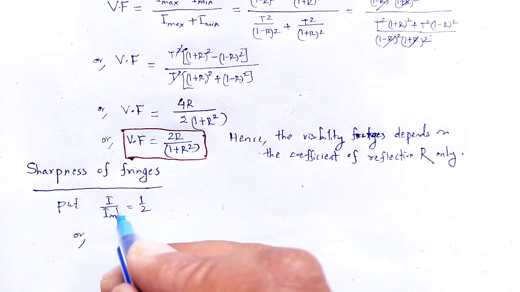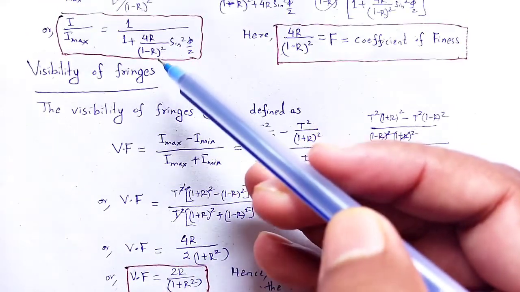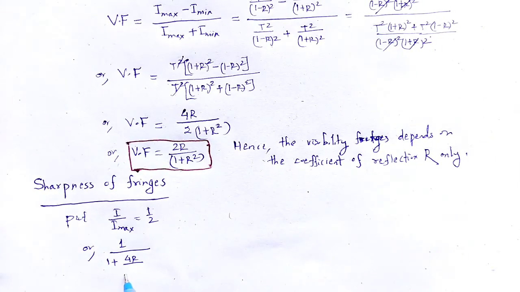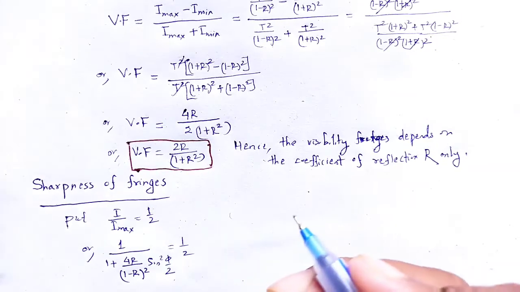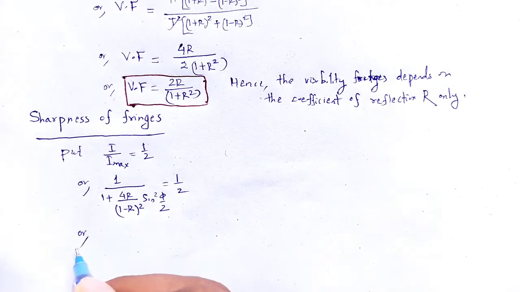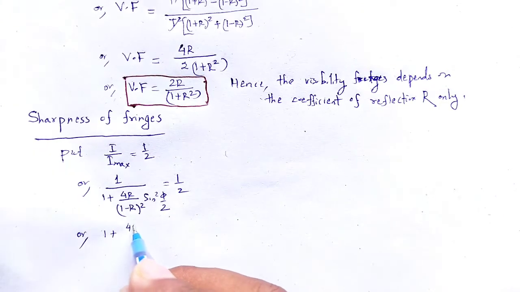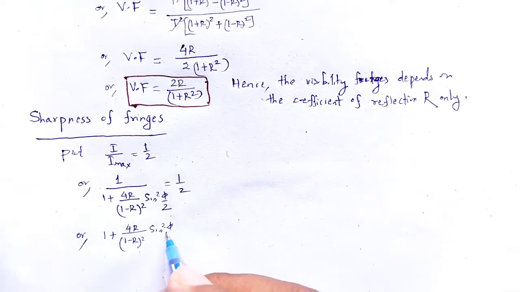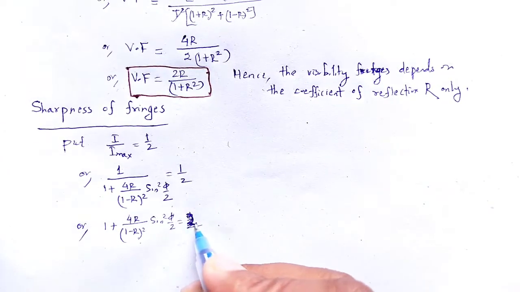Then the value of I by I max, that is 1 divided by 1 plus 4r divided by 1 minus r whole square sin square phi by 2, is equal to half, or 1 plus 4r divided by 1 minus r whole square sin square phi by 2 is equal to 2.